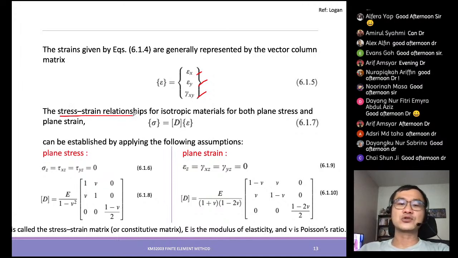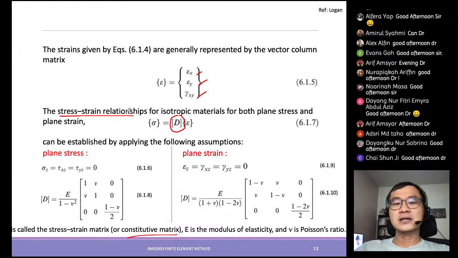We call this the stress-strain relationship, with a constitutive matrix D to represent the relation between them. In the previous one-dimensional case, we called this the Young modulus, but because the normal strain and the shear are both involved, we combine them and call this the stress-strain matrix or constitutive matrix, which relates stress and strain.